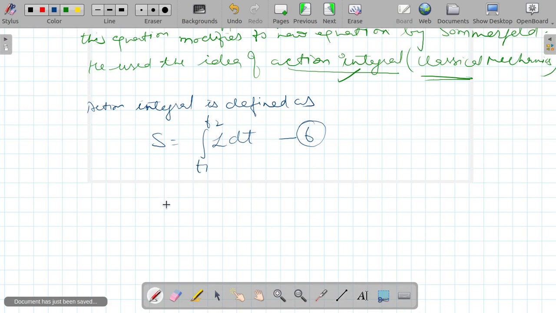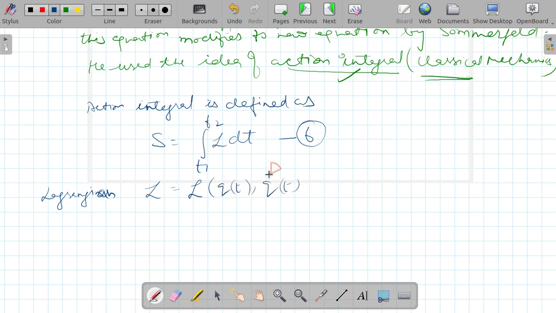Here L is the Lagrangian, and this Lagrangian is a function of q(t), q dot(t) and t, or sometimes we may write it as q(t), p(t) and t. So this is the action integral, and here the Lagrangian is a function of q, p and t.